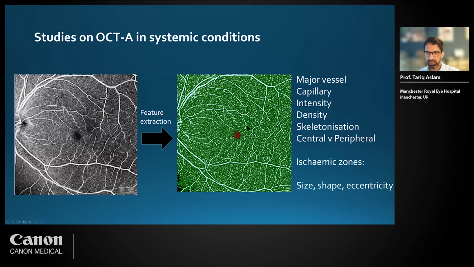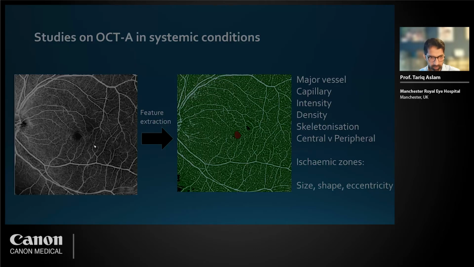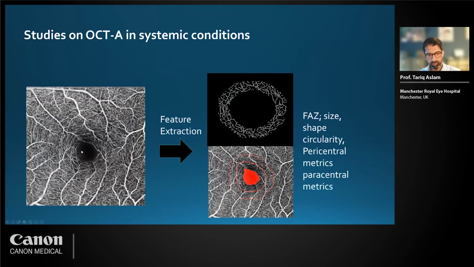This is the 10x10. And then with the 4x4, we also input that into the software because it gives a much more accurate view around the fovea. The software allows us to look not just at the foveal avascular zone size and shape, but also areas around it.